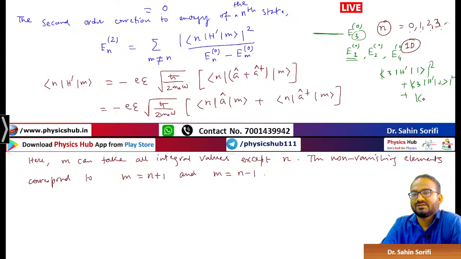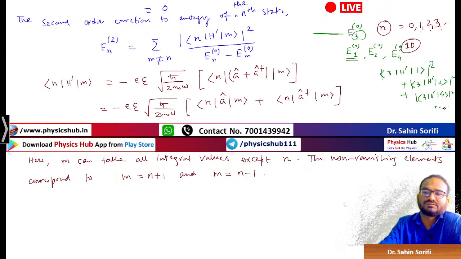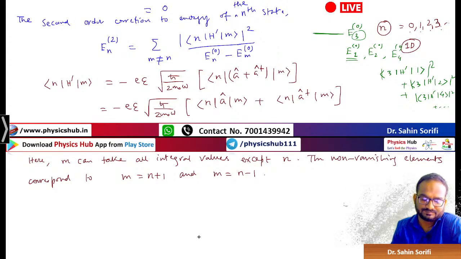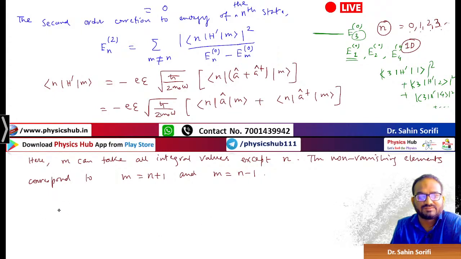Next, 3 H prime, we cannot write m equals 3, m is not equal to n, so you will go for 4. So it will continue depending on the states. Understood?